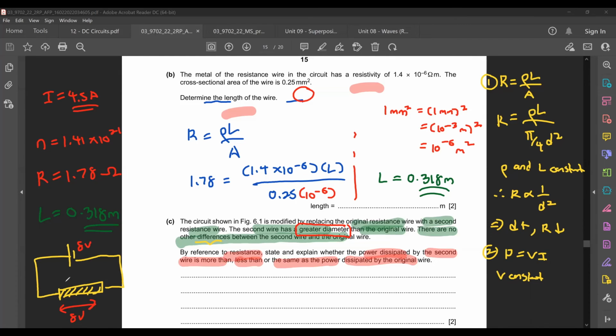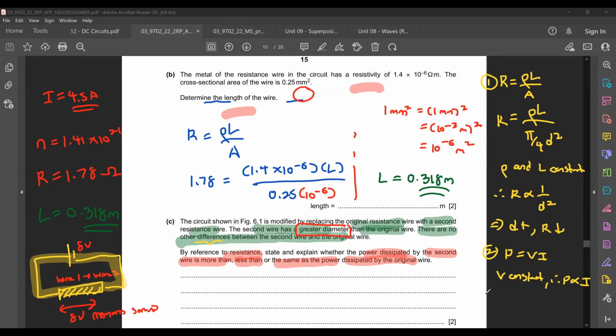You can change it from wire 1 to wire 2. The PD remains the same because of Kirchhoff's second law. So in my case, I would say V is constant. Therefore, P is proportional to I.